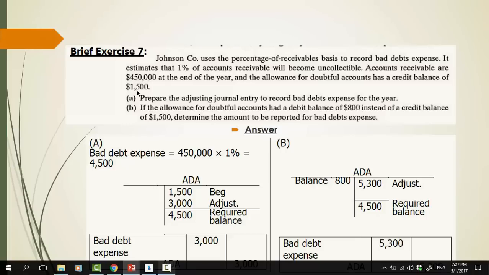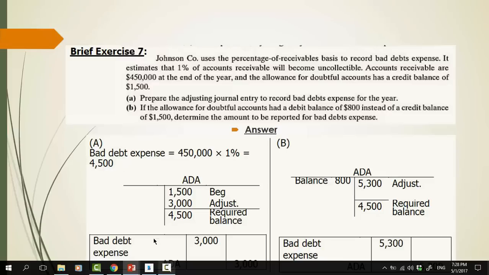Again, we must consider first the balance of the ADA. Then the bad debt expense, or the required balance, will be 1% of the $450,000, which is 4,500.